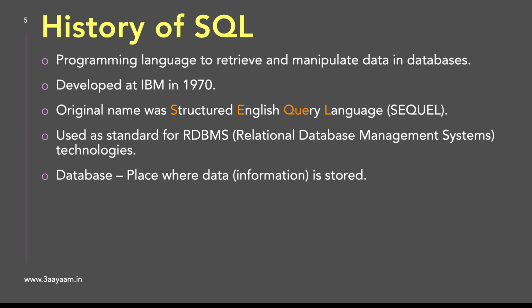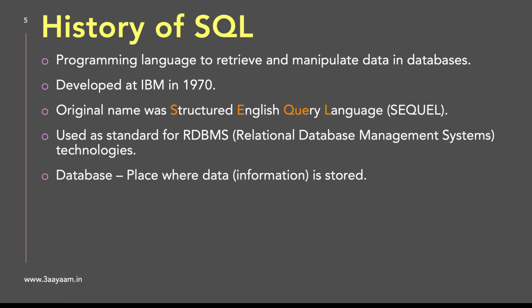And just to introduce, because I told you the term RDBMS, what is a database? A database is a place where data or information is stored and it is persisted on disk. This is not temporary. So a database would have persistent or permanent data about some organization.